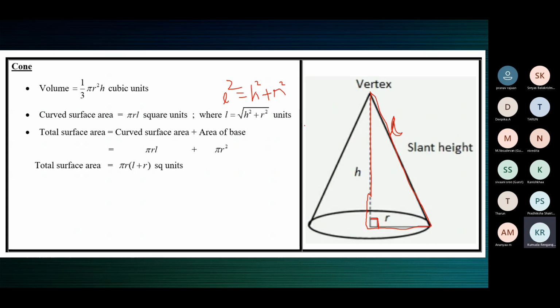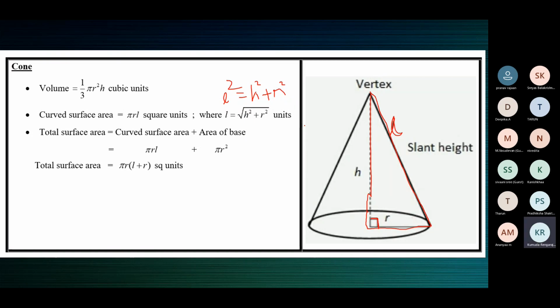Pi is a constant, 22/7. R, the radius, will be given to you. L, if it is not given, you should find using the expression root of h square plus r square, because L, h, and r form the sides of a right triangle.